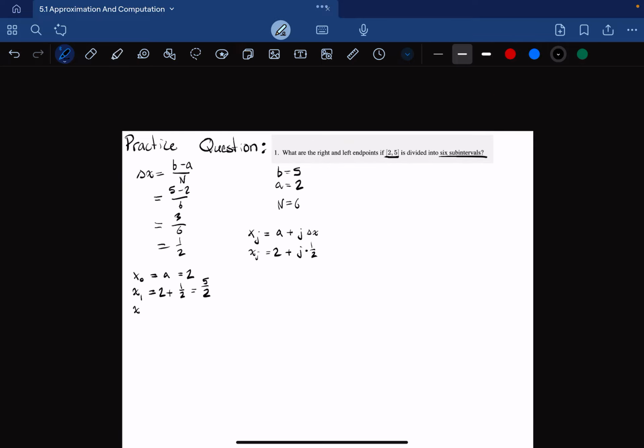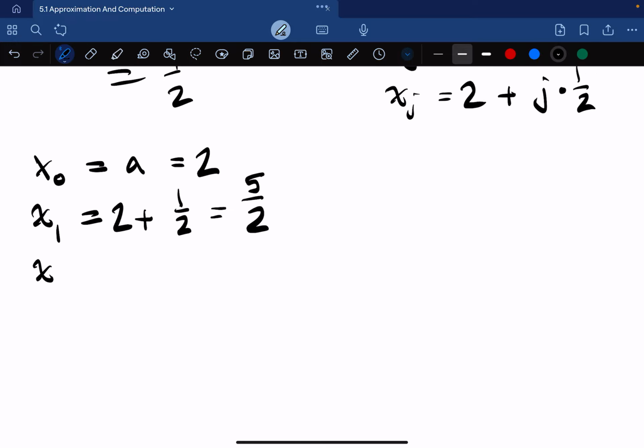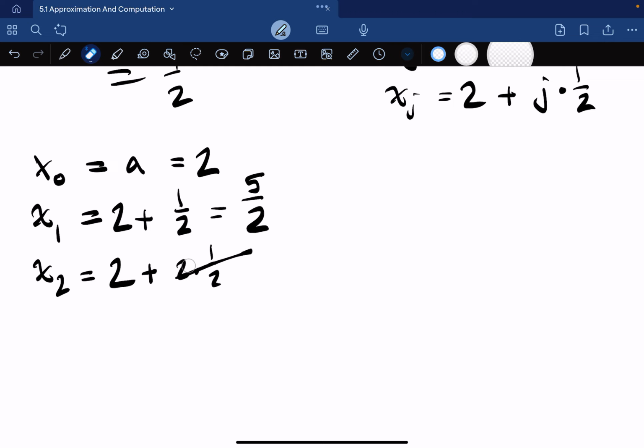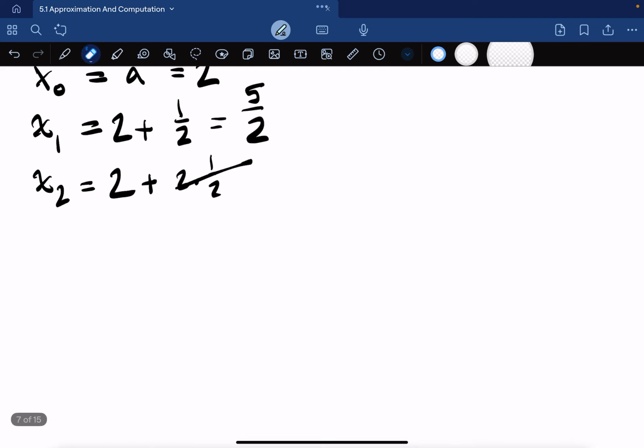Now, what about our third left endpoint? Well, it's going to be at 2 plus 2 times 1 over 2, which just cancels out and turns into 1.